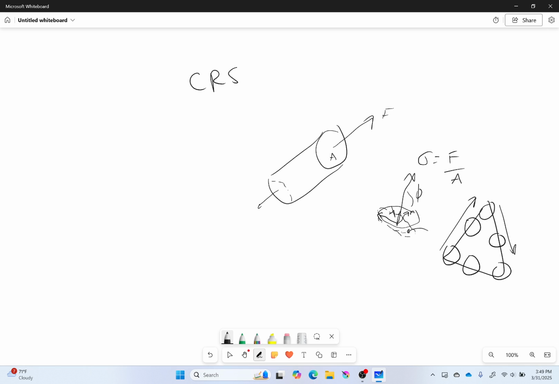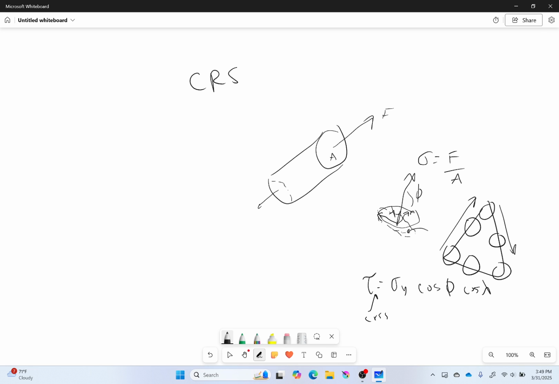So my critical resolved shear stress is going to be equal to my stress, the yield stress right there, multiplied by cosine of phi and cosine of lambda. This will tell me the critical resolved shear stress.